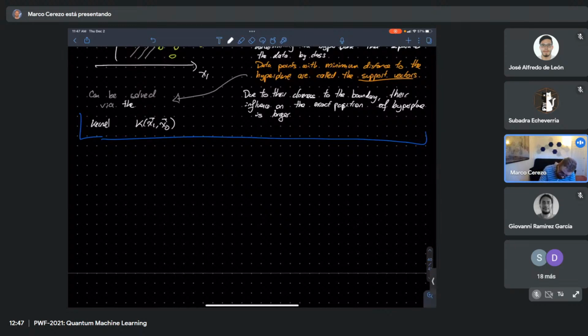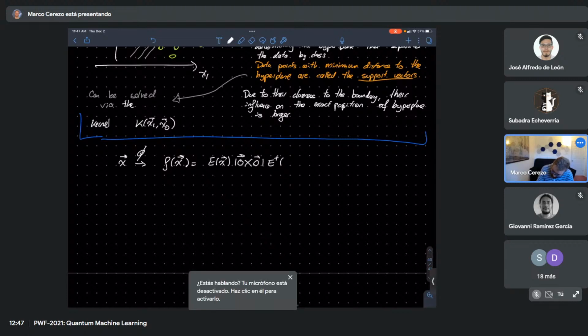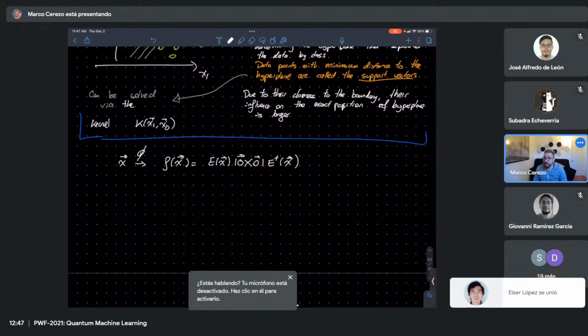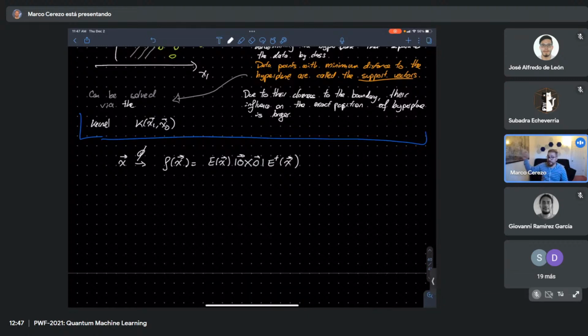Because again, we're taking classical data, X, and we have a map, phi, which in our case gives me states in a higher dimensional space, rho of X, which are obtained by applying E of X to some easy to prepare state, E dagger of X.